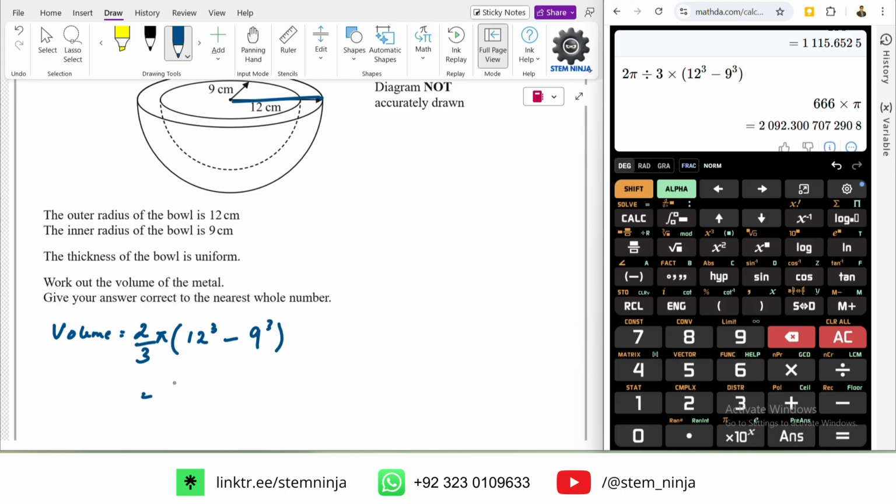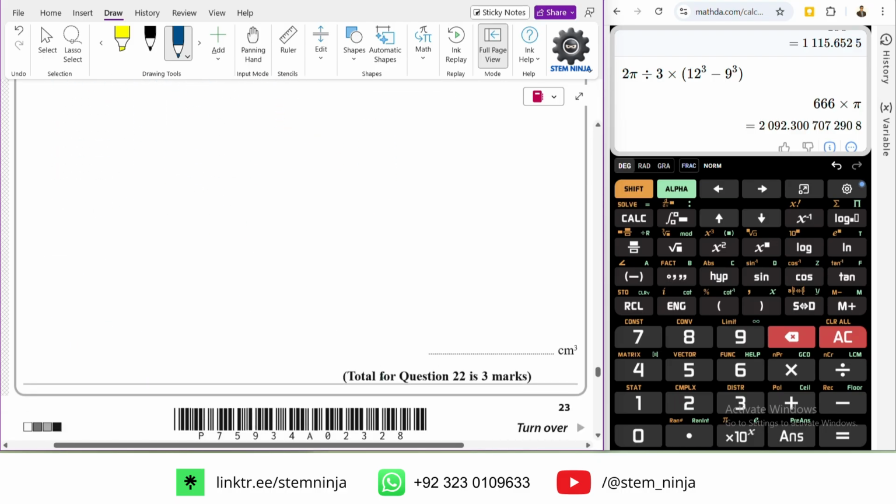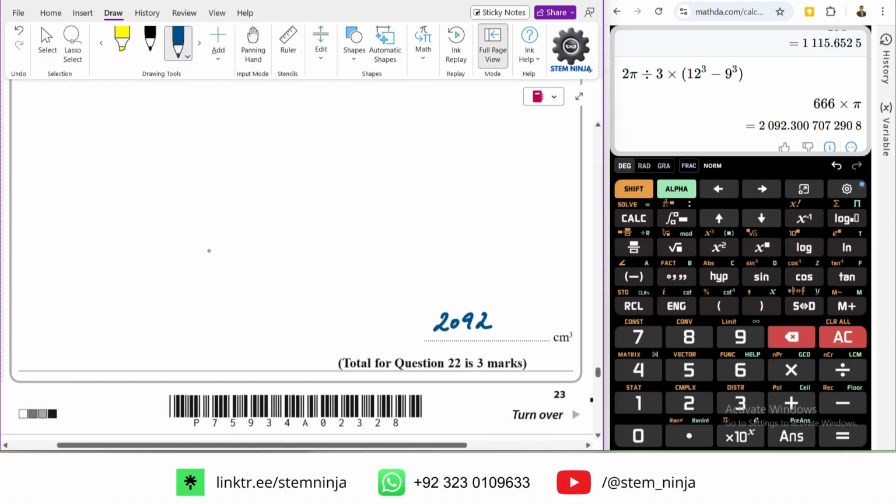This comes out to be 666 pi. And we need it to the nearest whole number. This is going to be 2092 centimeters cubed. 2092. Right, okay, so let's move on to the next one.